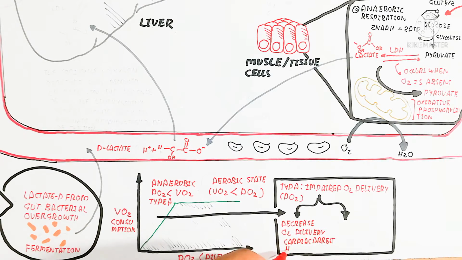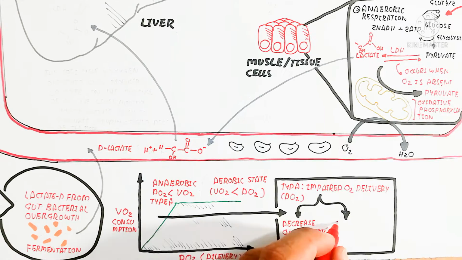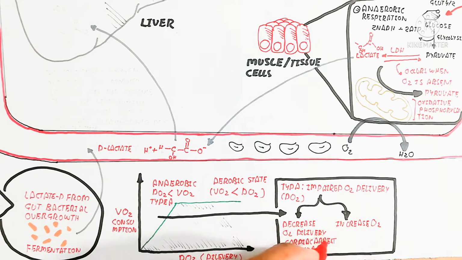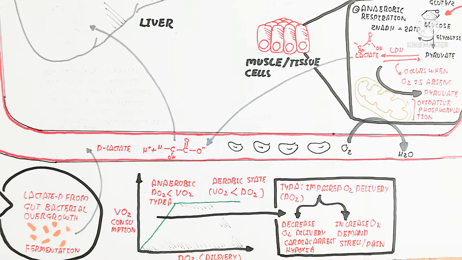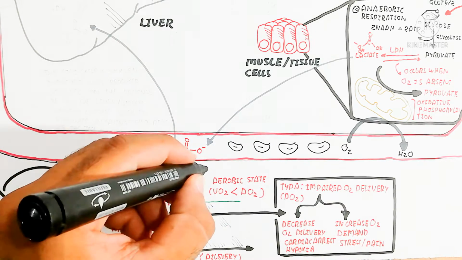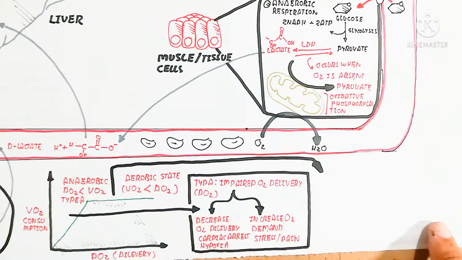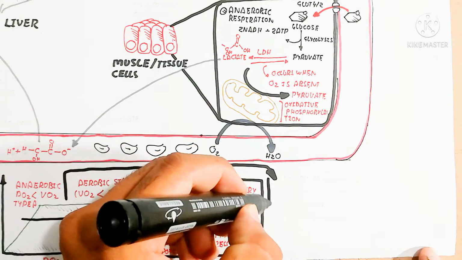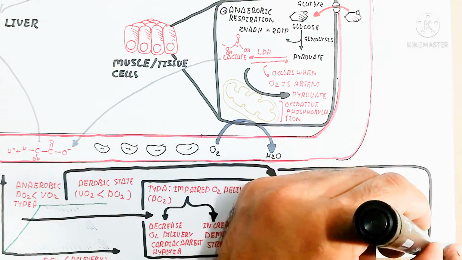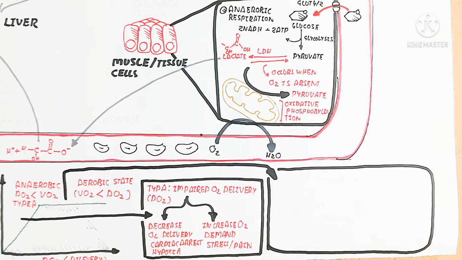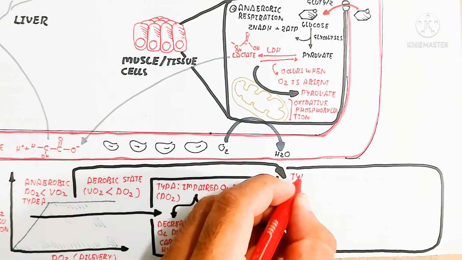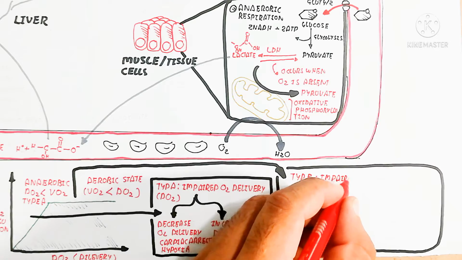First is the anaerobic type: delivery of oxygen is less than the consumption of oxygen. It means this can be possible during exercise. Here, type A is impaired oxygen delivery, which is a decrease in oxygen delivery. Cardiac arrest and hypoxia occur, and oxygen demand increases.